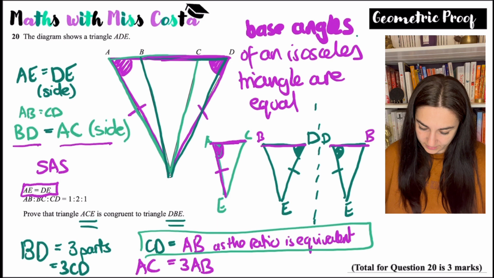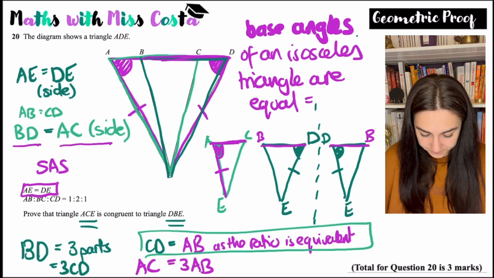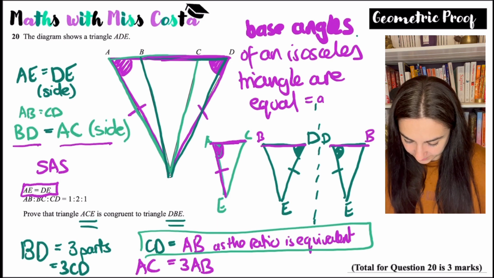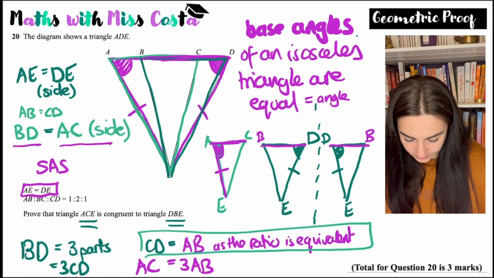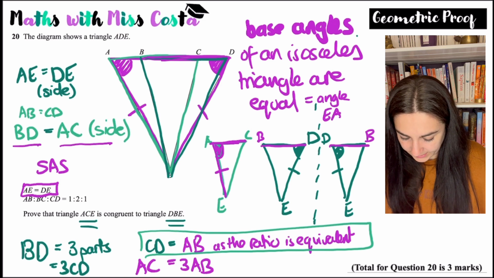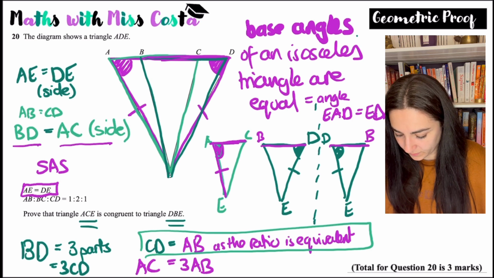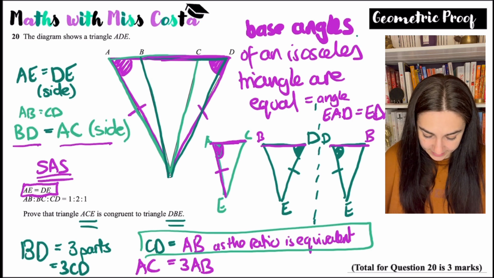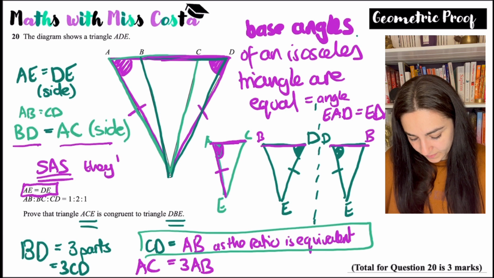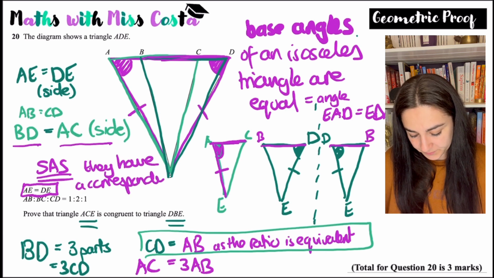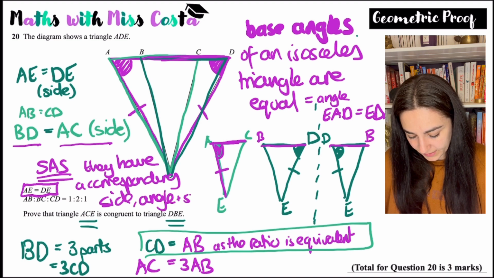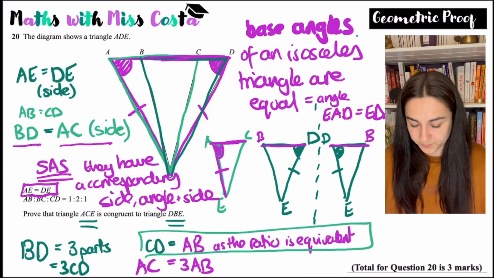Oh, I should have said the last bit, angle EAD equals angle EDA. So therefore you say SAS, they have a corresponding side, angle, and side that are equal.